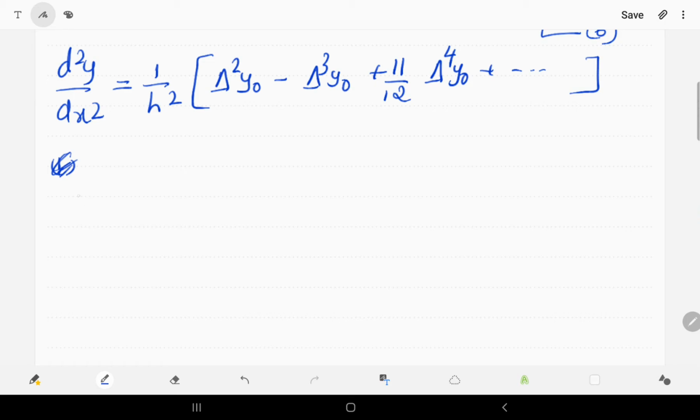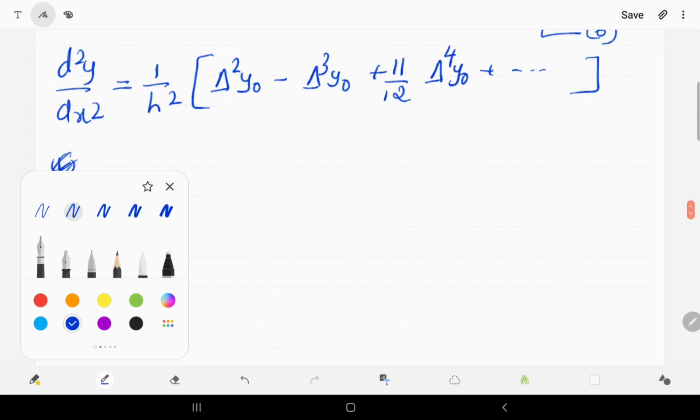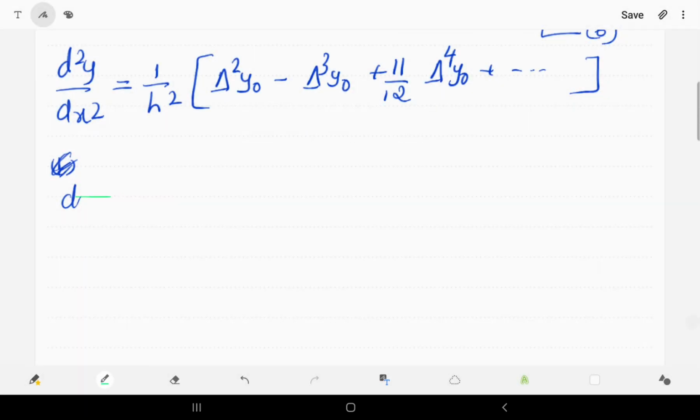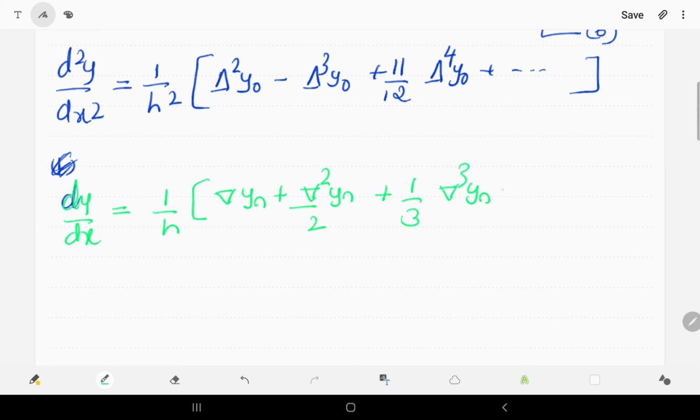We will get dy by dx is equal to 1 by h into nabla yn plus nabla square yn by 2 plus 1 by 3 nabla cube yn plus 1 by 4 nabla raised to 4 yn and so on.